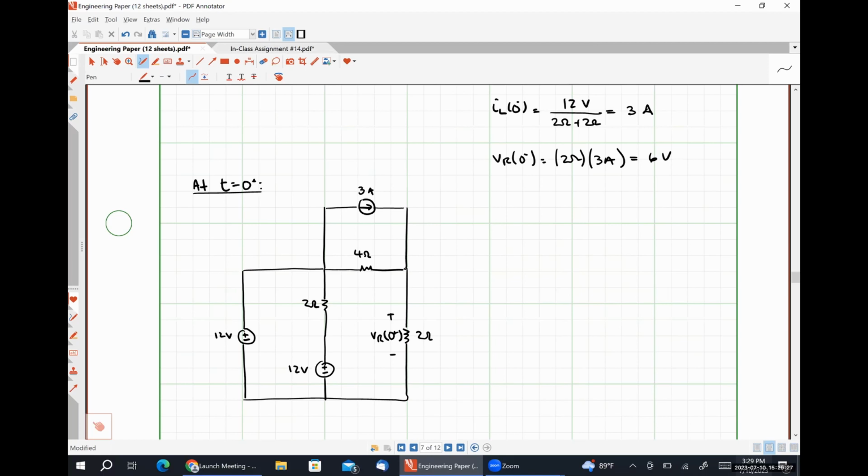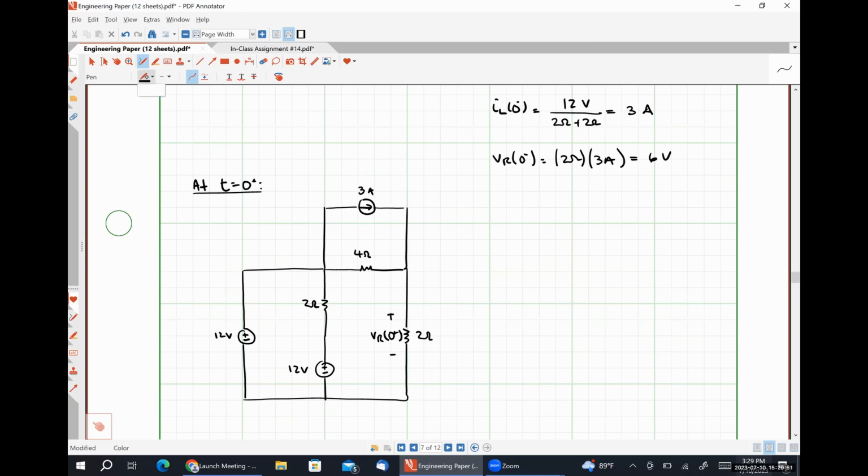You could definitely use mesh here and it would make more sense than a couple of the other problems, but I believe there's an easier way. Because we have two voltage sources connected together, that makes me think about nodal analysis, because I'm going to have two effectively free nodes that I know the voltage at.